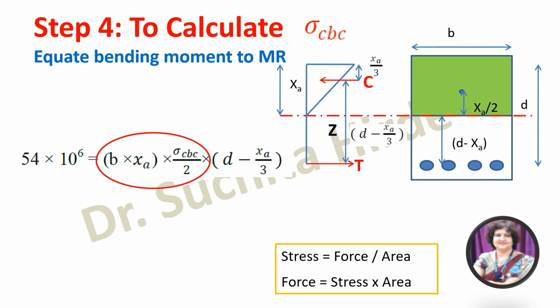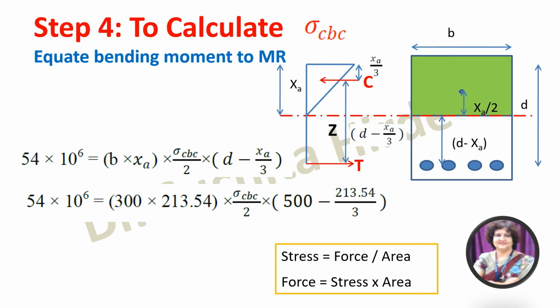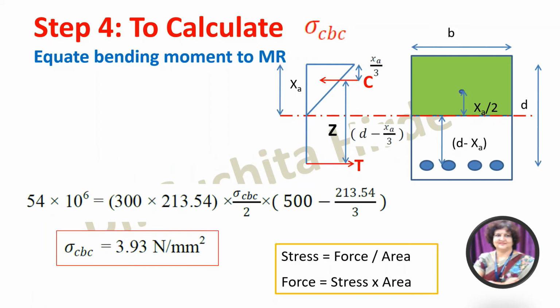So this is nothing but the force C, and this is the lever arm. Okay, now in this only unknown is sigma CBC. So we calculate sigma CBC using this expression. If you solve this expression, you will get sigma CBC as 3.93 Newton per millimeter square.